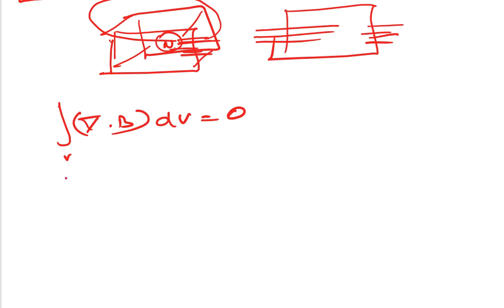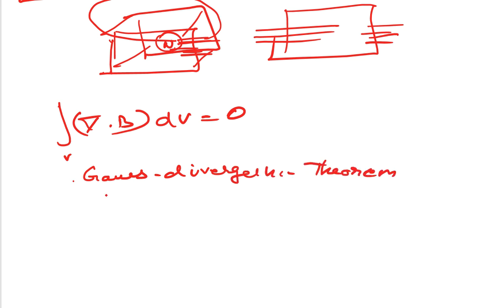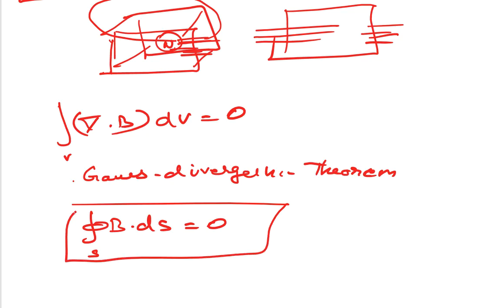Now using Gauss divergence theorem, we can convert this volume integral into a surface integral. If we apply Gauss divergence theorem, this equation becomes B dot dS equal to 0 over a closed surface. So this is Maxwell's second equation in integral form.